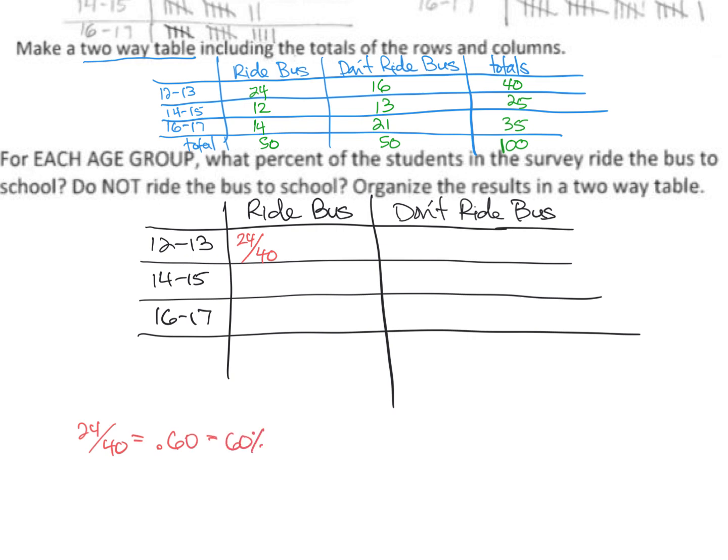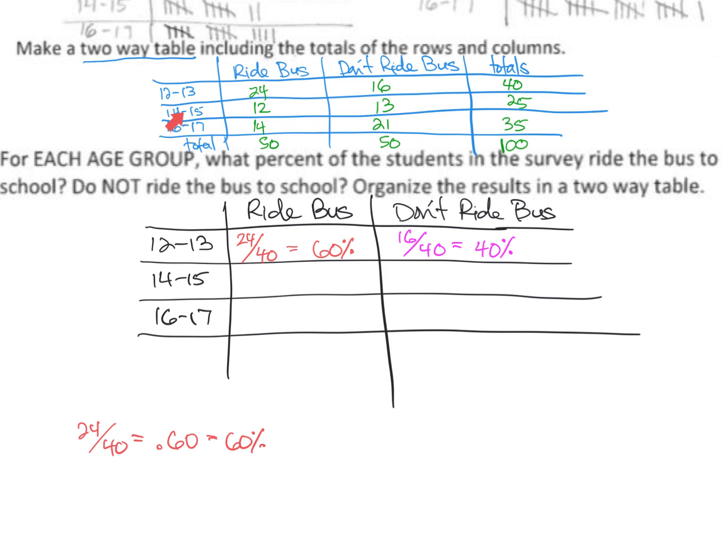So it's going to be 60%. And then we're going to say 16 divided by 40 for the don't ride. Let's put that in a different color. So 16 divided by 40 is 0.4. We need it as 2 decimal places, so that's 40%.